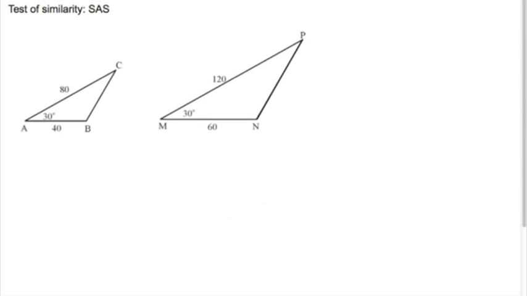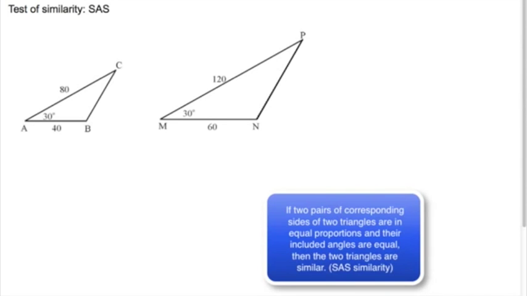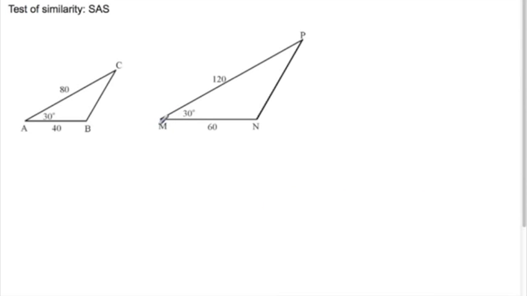Next up is the side angle side similarity test. So here, if two pairs of corresponding sides of two triangles are in equal proportions and their included angles are equal, then the two triangles are similar. This test is known as the side angle side similarity test. So here, as I compare AC to MP, I get 80 over 120.